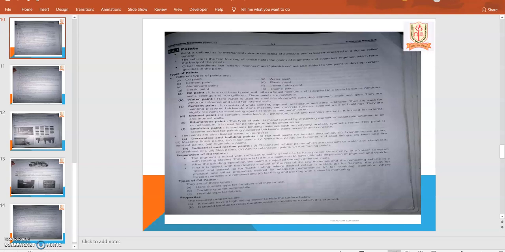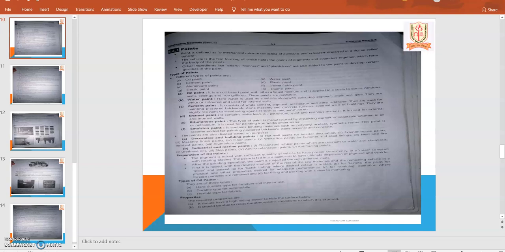That's why they can be utilized nowadays, because they are water resistant and easily washable. Then emulsion, it contains a binding material such as polyvinyl acetate, synthetic resins. This paint is recommended for painting plastered brickwork, stone masonry and concrete.